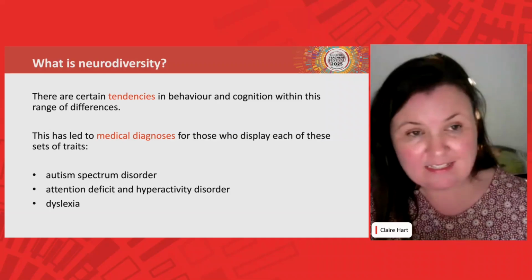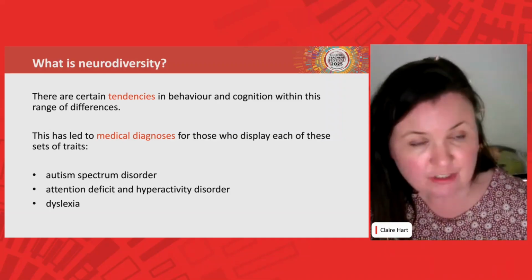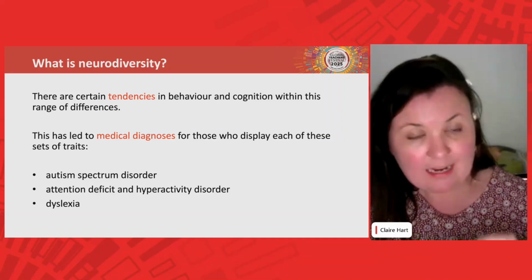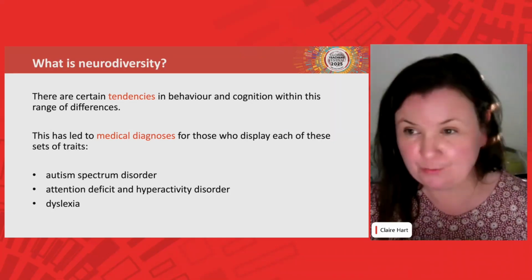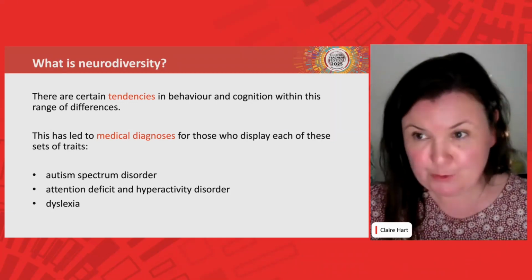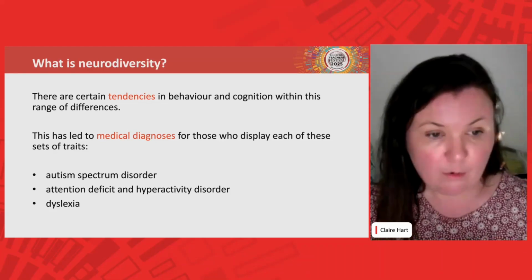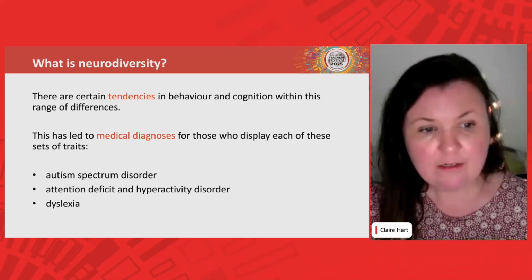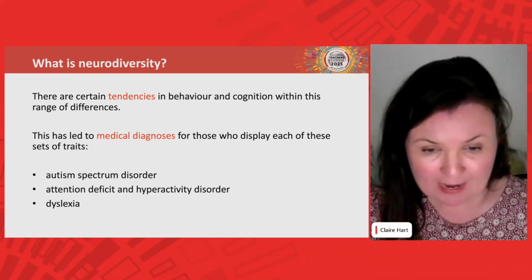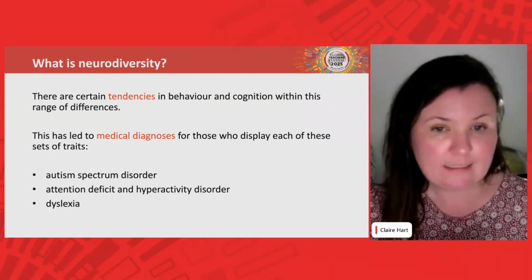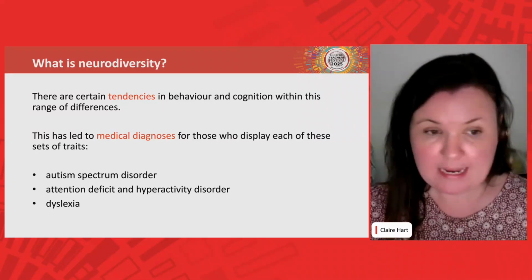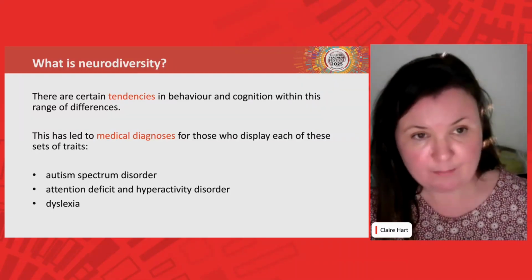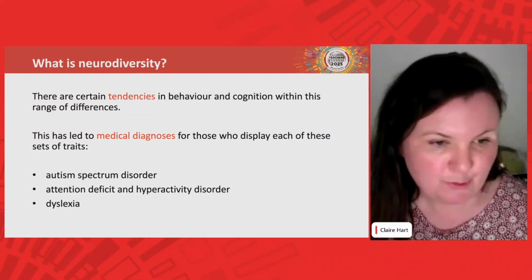And the identification of these tendencies has led to medical diagnoses for different types of neurodiversity: autism spectrum disorder, attention deficit and hyperactivity disorder, and dyslexia. So you're going to have an expert on each of these three types of neurodiversity talking to you today.